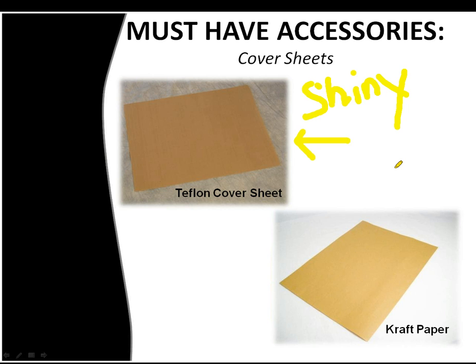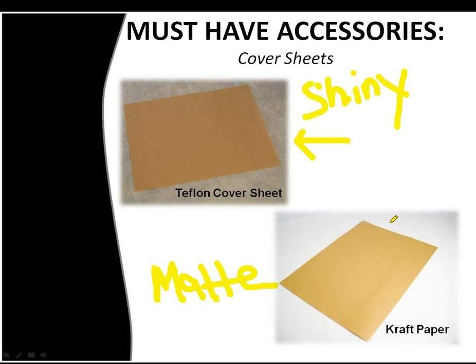So if you're heat applying thermofilm material and you cover it with Teflon, it's going to give you that super shine, real high glossy screen print look to it. And if that's the finish that you're going for, then Teflon is the man for the job.